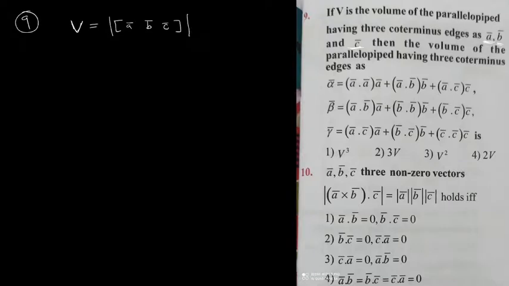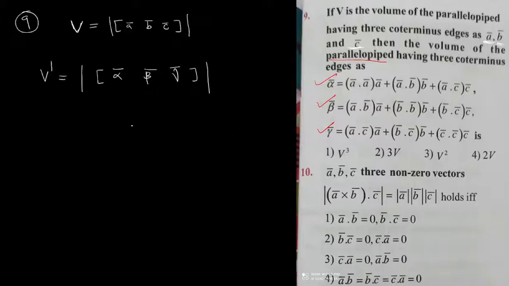Next, another volume is required, the volume of the parallelepiped whose coterminous edges are alpha bar, beta bar, gamma bar. Therefore I am writing V dash equals modulus of box alpha bar, beta bar, gamma bar.